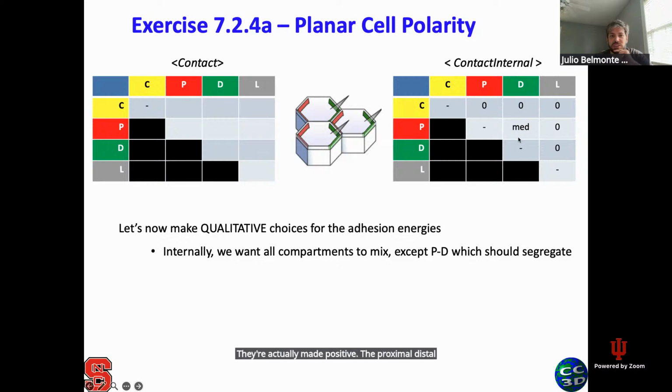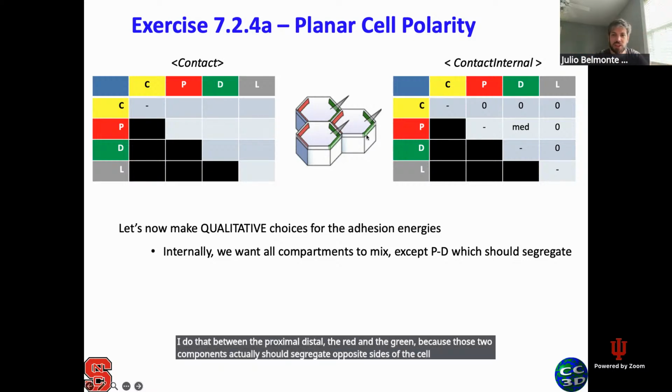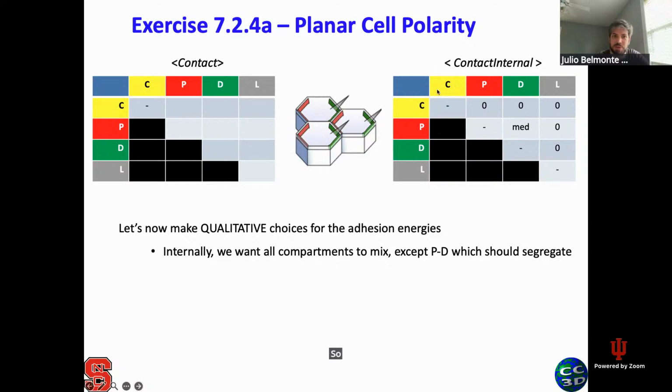Why did I do that? I did that between the proximal-distal, the red and the green, because those two compartments should segregate to opposite sides of the cell. So I want to keep them apart, and I made that a medium, or low, positive value.